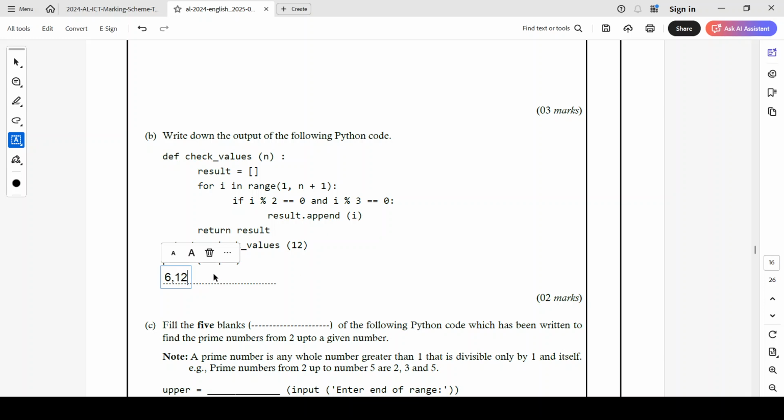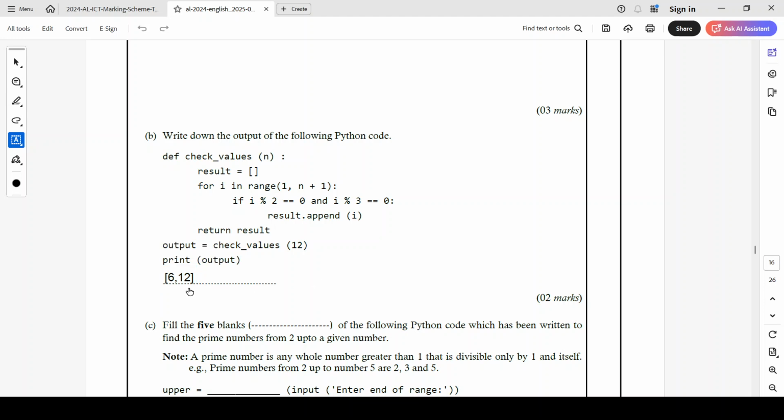So this is the answer, but we want to do some corrections. Is this correct or wrong? Wrong, because the result must be in list form, so it must be written in square brackets.